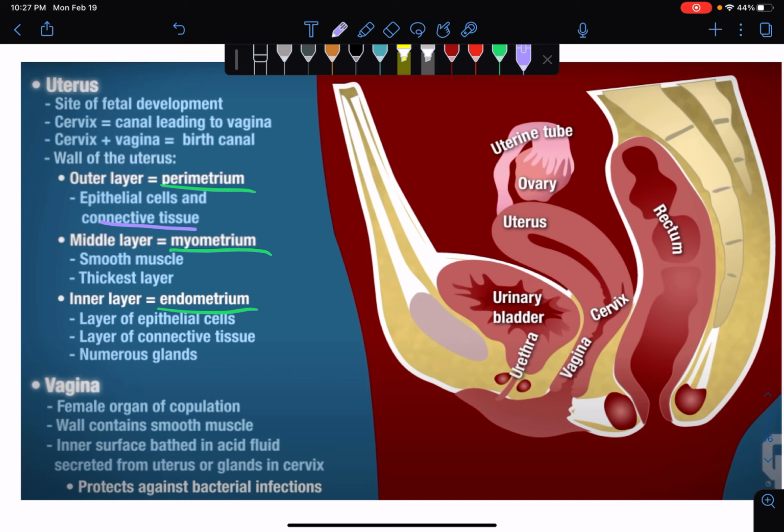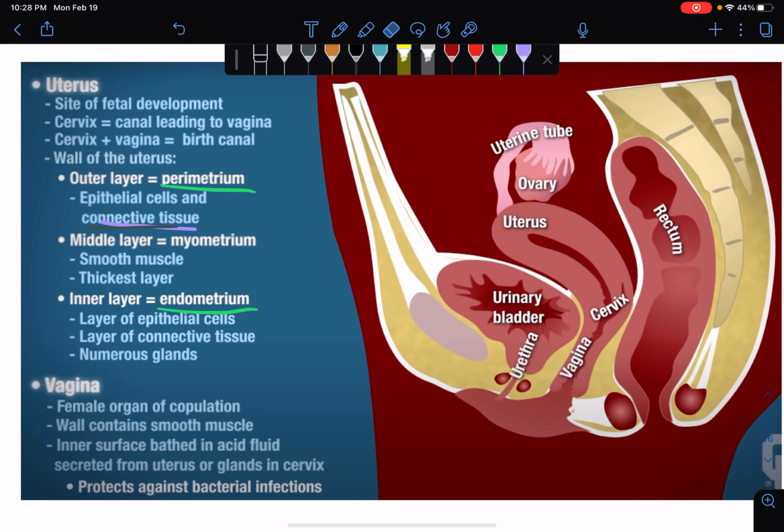I mean, if it's other than the three tissues, other than connective, which are basically epithelial, nervous, and muscle tissue, I believe blood vessels fall under the category of connective tissue.